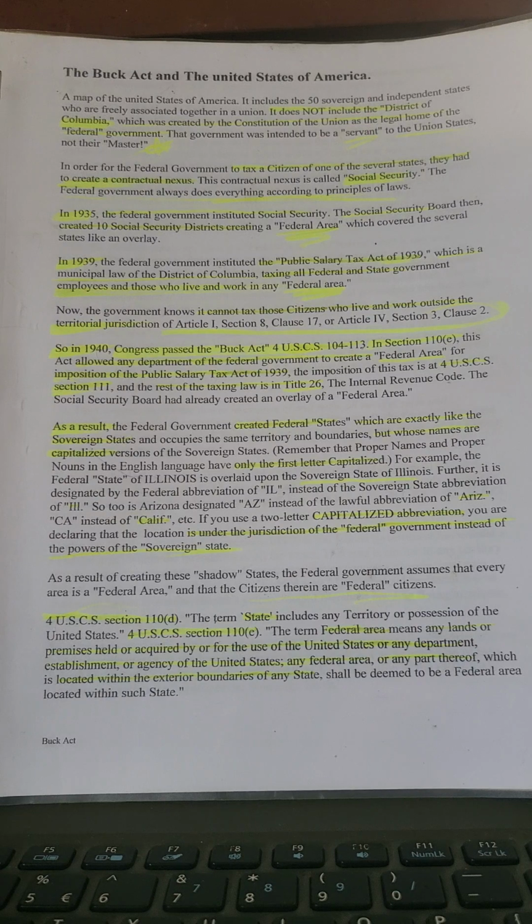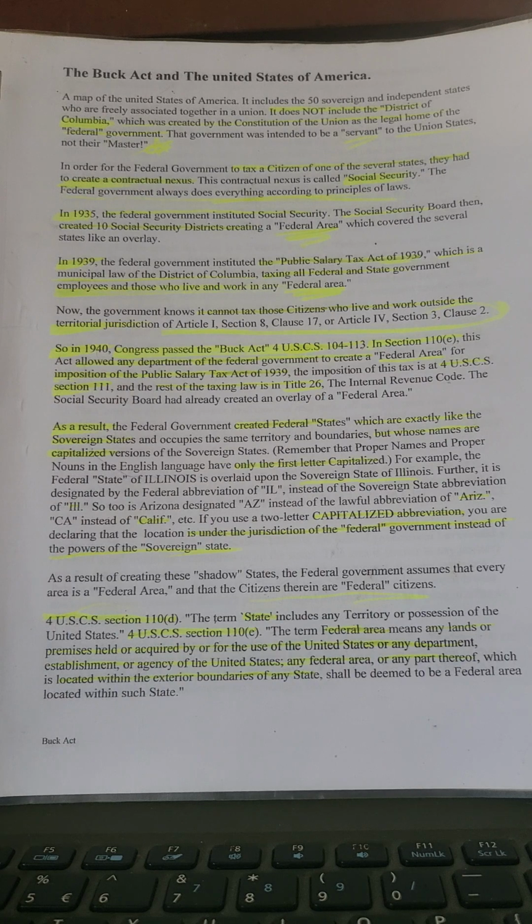Further, it is designated by the federal abbreviation of IL instead of the sovereign state abbreviation of ILL. So too is Arizona designated AZ instead of the lawful abbreviation of ARIZ.